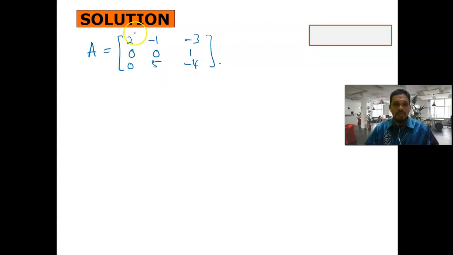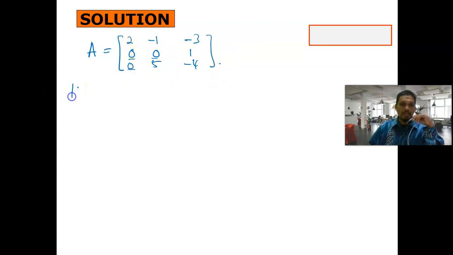Okay, so you may choose either column 1 or row number 2. Okay, you may choose expanding cofactors using column number 1 or row number 2, because we have 0, 0 here in row number 2, and also column 1 we have 2, 0, and 0.